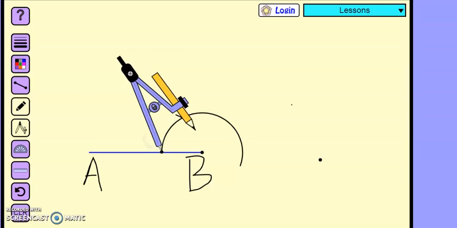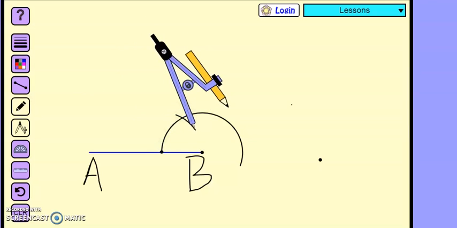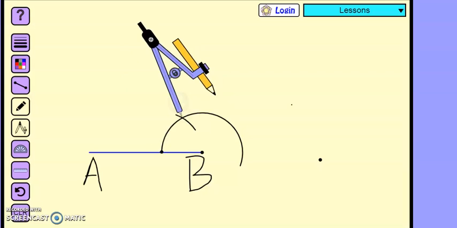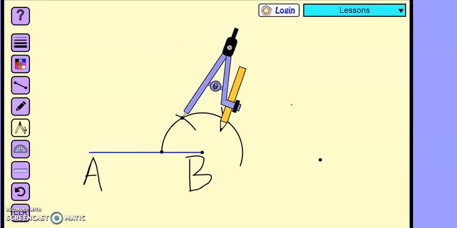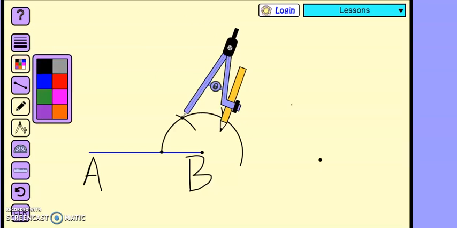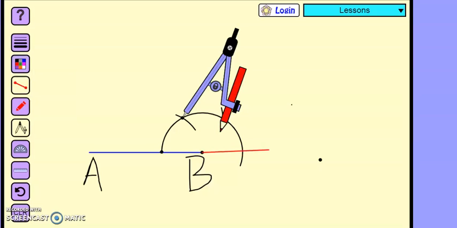Then you will place your compass at the intersecting point, and again you will draw another arc which will again cut your semicircle. I am going to extend this line so that it is easy for you to understand what a semicircle is.